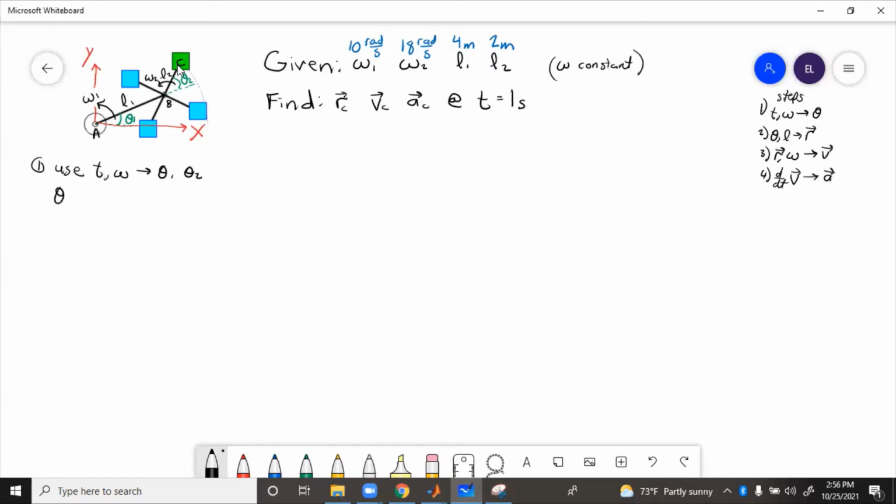We know that theta equals omega t. So theta 1 equals omega 1 t equals 10 times 1, equals 10 radians.